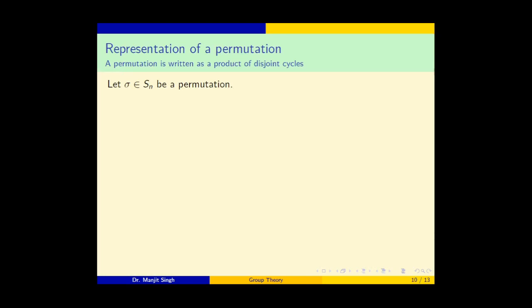Representation of a permutation. A permutation can be represented in the form of cycles. Let sigma be any permutation.